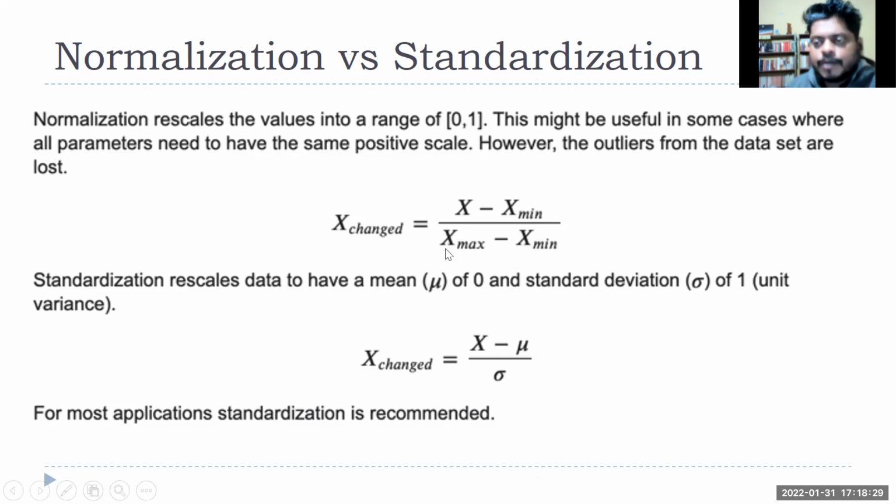But with normalization, I do not have any way to understand which participant or which student has an income which is an outlier, either on the very low side or the very high side, right? So mostly whenever data transformations happen for your continuous variables, we try to use standardization.